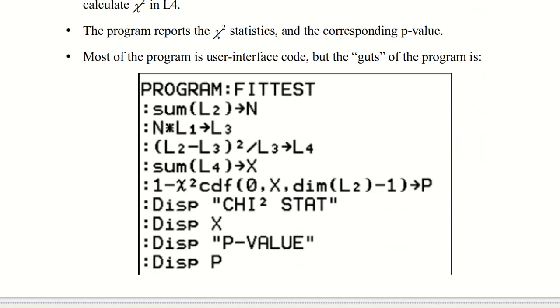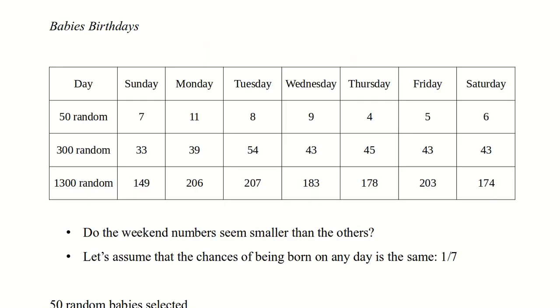Here's just a quick look at what fit test is doing. It's essentially loading data into lists and then using the built-in features of the calculator. When you look at an example like babies' birthdays, we can look at, in this case, 3 different sets of samples. So we looked first at 50 random birthdays to see which day of the week they occurred on, then 300, then 1,300.